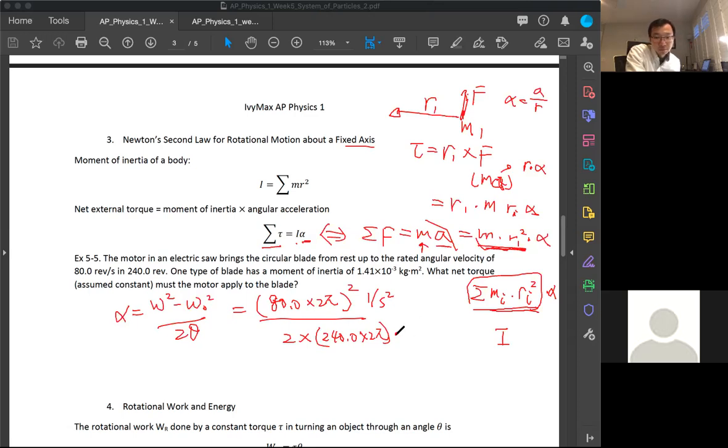Just that. So this should give you the answer. I believe it's 83.8 radians per second squared, right? And then you just plug into the values: I times alpha. I is given here, and you just plug in. It should give you 0.118 newton meters.